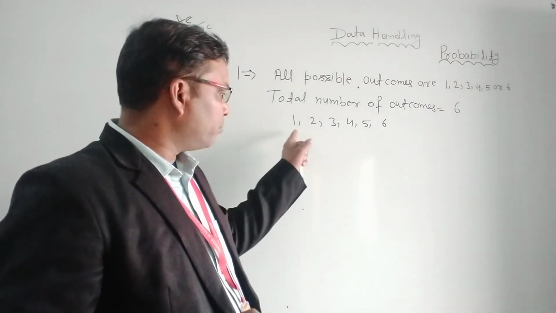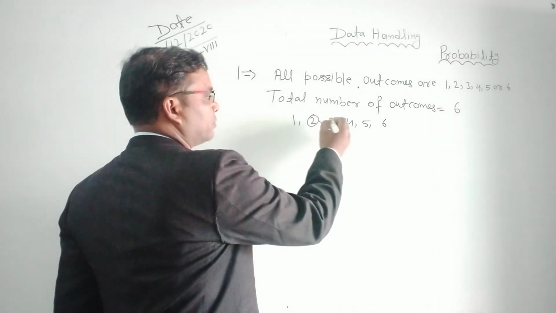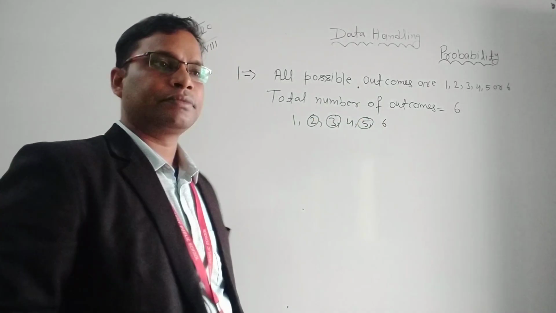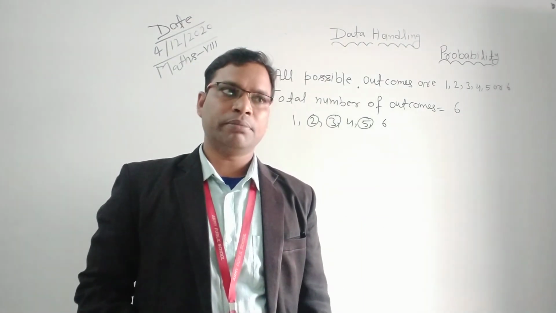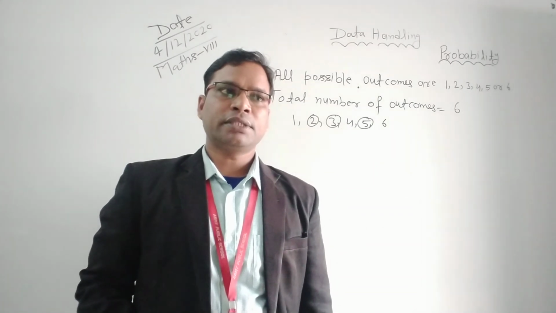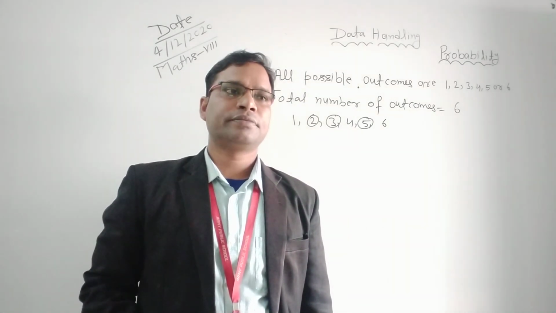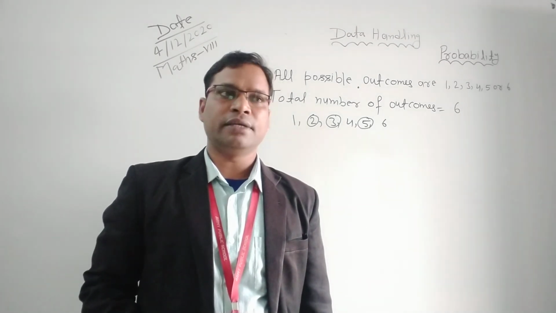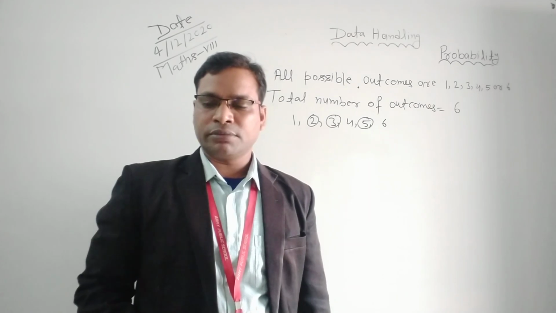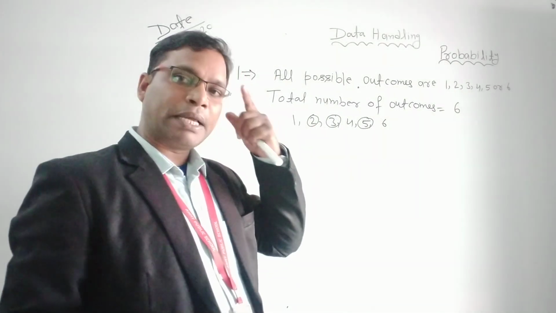How many of these numbers are prime? 2 is a prime number, 3 is a prime number, 5 is also a prime number. So the event is getting a prime number and the outcomes are 2, 3 and 5.